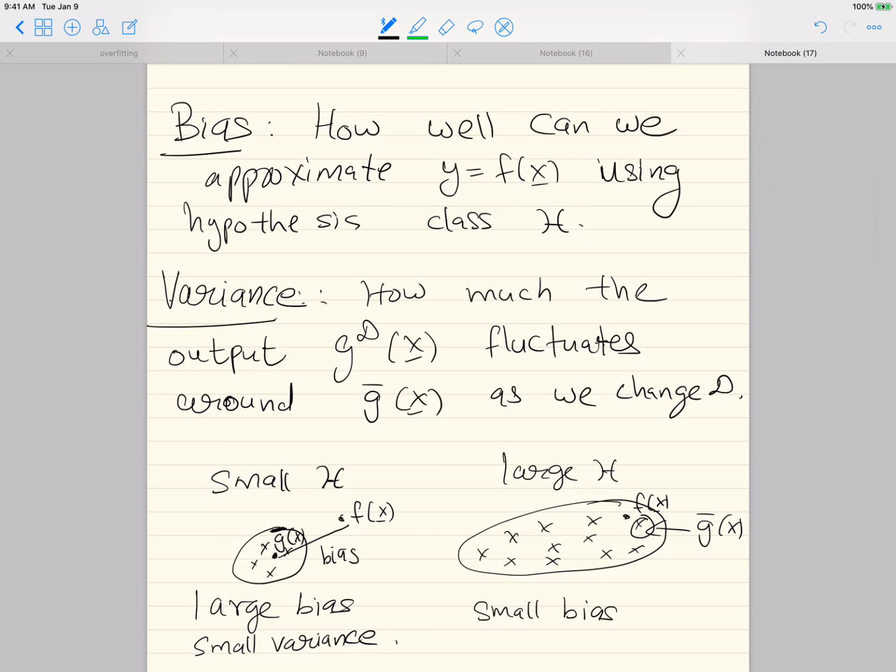But then you could change quite a bit depending on your data set, since you will have many options, so you will have a large variance. If you choose a very rich hypothesis class, you will be able to have a good approximation on average. So your bias will be small, but your variance will become larger, and so you may end up overfitting.